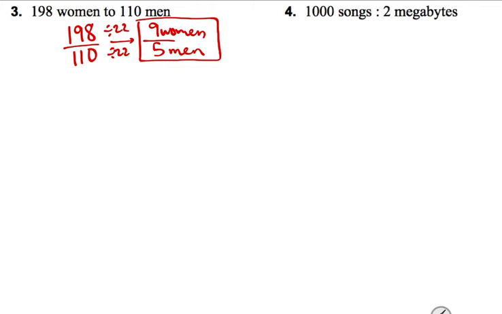Okay, 1,000 songs compared to 2 megabytes. So that's 1,000 over 2. That ratio reduces to 500. So it's 500 songs for every 1 megabyte. Okay, 26.1 miles for every 3.6 hours.